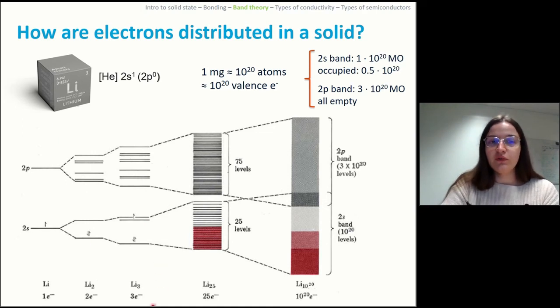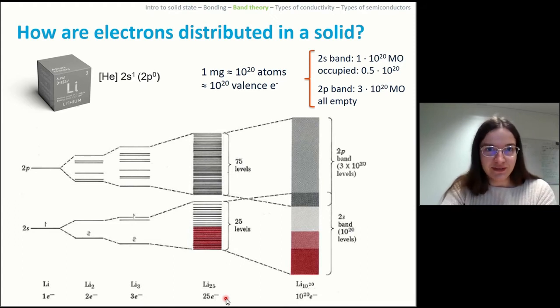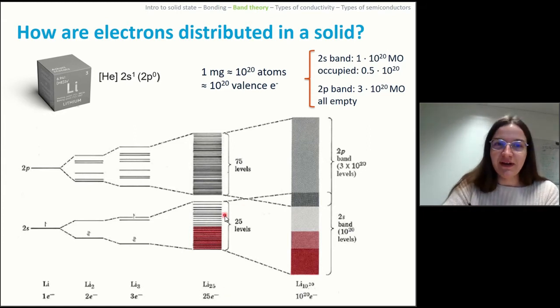When you go into lithium 3, you have 3 of the s level, and then 9 of the p level, and you can see already here that it starts to get a bit more crammed in between. If you put 25 lithium atoms, which is already very tiny, it's not that many, you end up with 25 all arranged together and 75 all arranged on top.